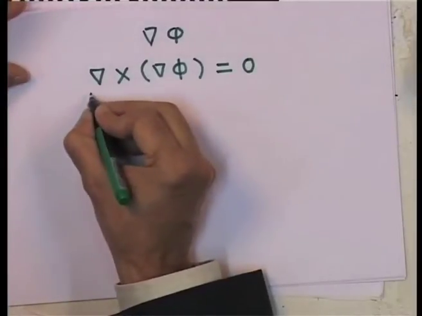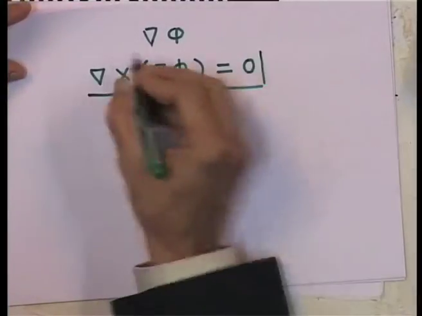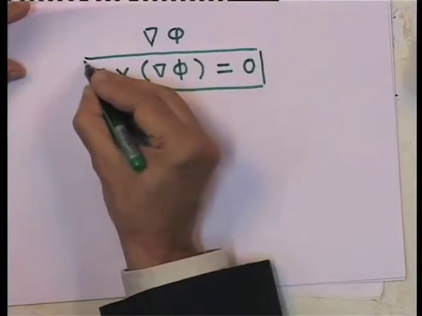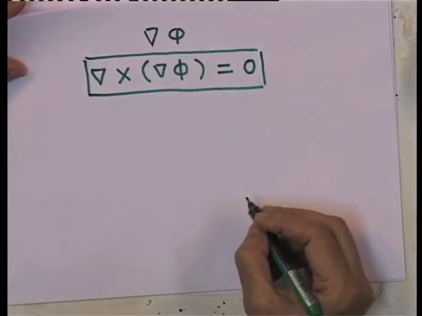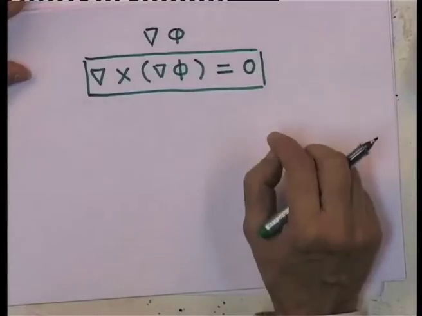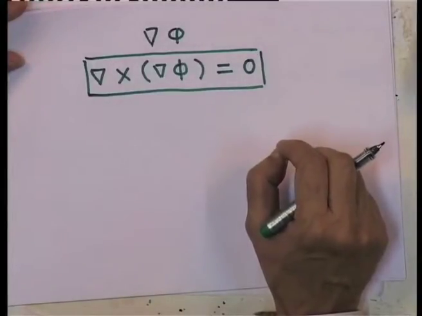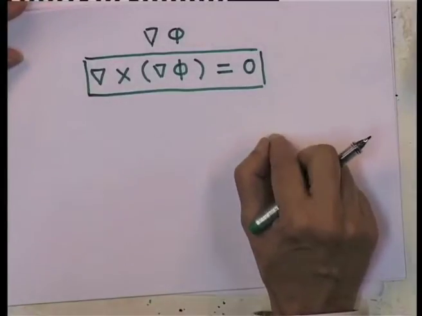Now, this relation is used as a test of a conservative field. We have seen that in case of a conservative force field, we can think of a potential phi whose gradient, sometimes with a negative sign in front, gives me the force.